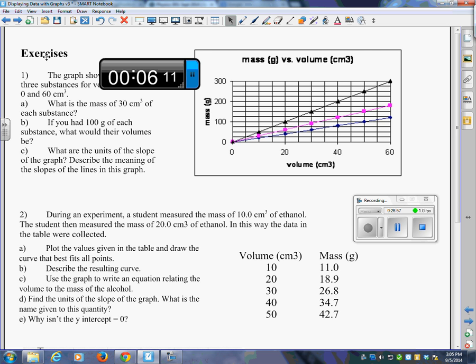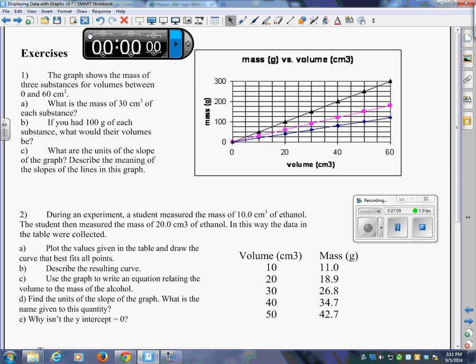Read the question. The graph shows the mass of 3 substances per volume between 0 and 60 cm. What is the mass of each? Let's have a look at the answer for number 1. What is the mass of 30 cubic centimeters of each substance? 30 is right about there.